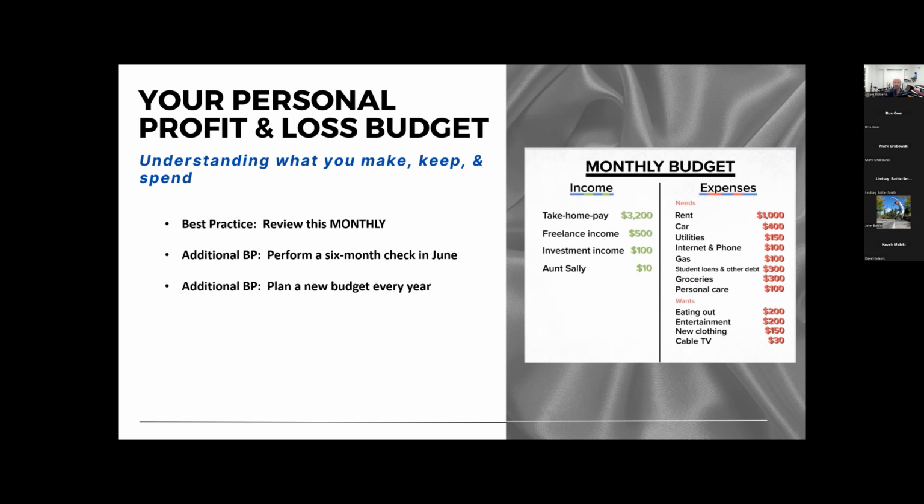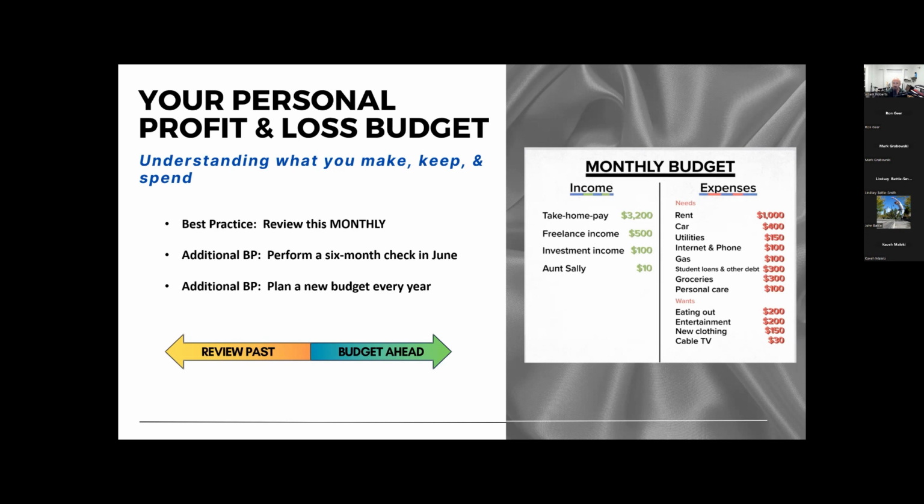Before you put together a real estate plan, it really, really helps to look in the rearview mirror and understand what history tells you about your income and your expenses, as well as to budget in the future.